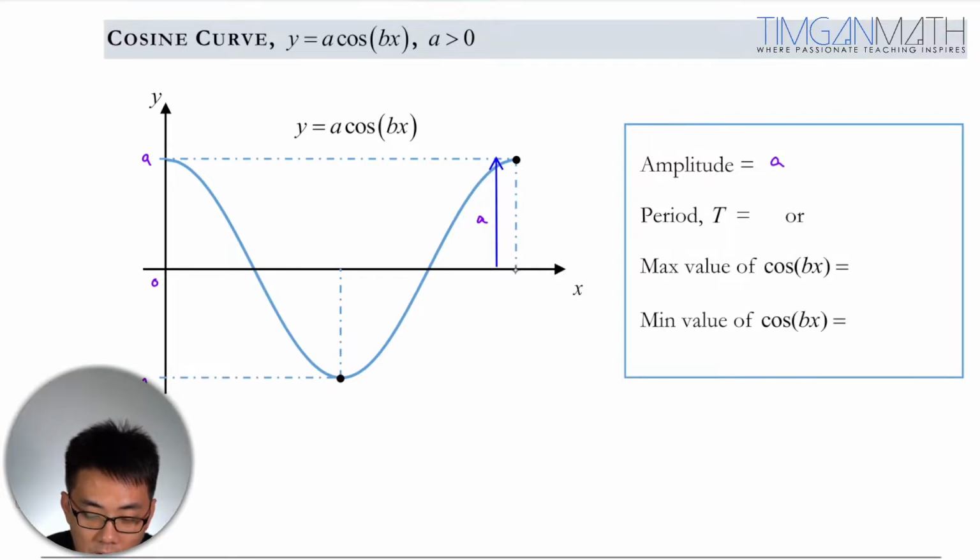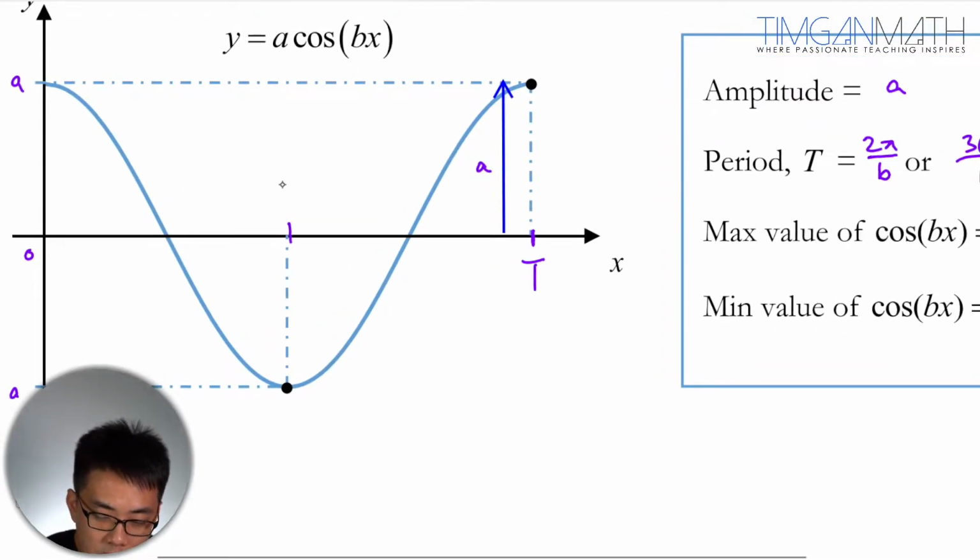The period, on the other hand, is 2 pi over b, and this is 360 degrees over b. I'll put the period as T. This is T over 2, this is T over 4, and this is 3/4 T.